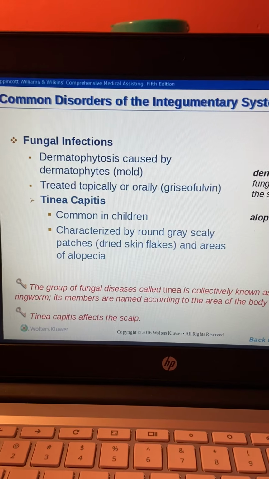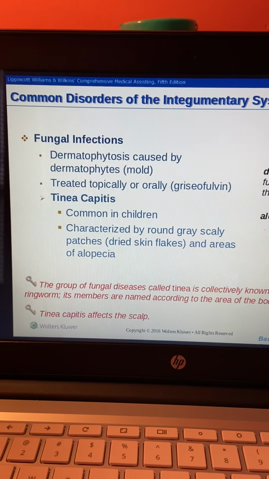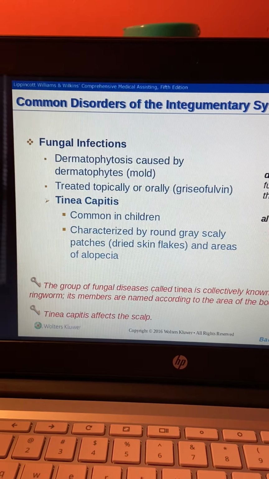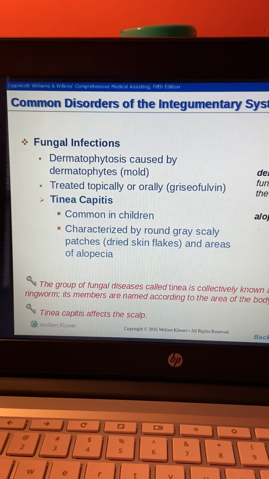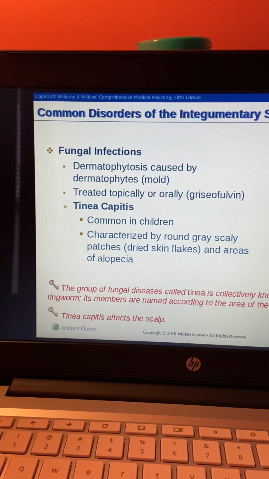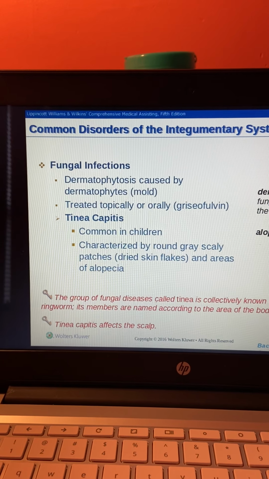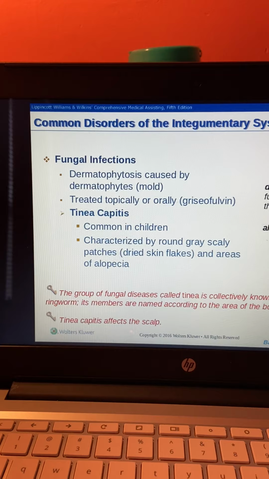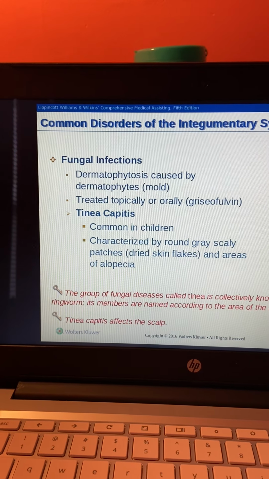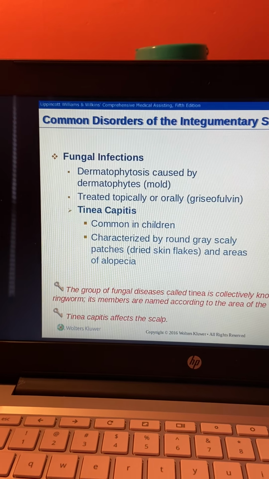Griseofulvin is the medication that they prescribe for fungal infections. Some fungal infections are also known as ringworm. That is a member of the fungal infection group.